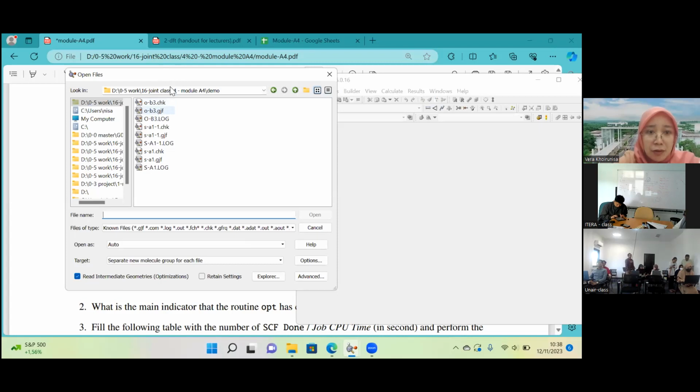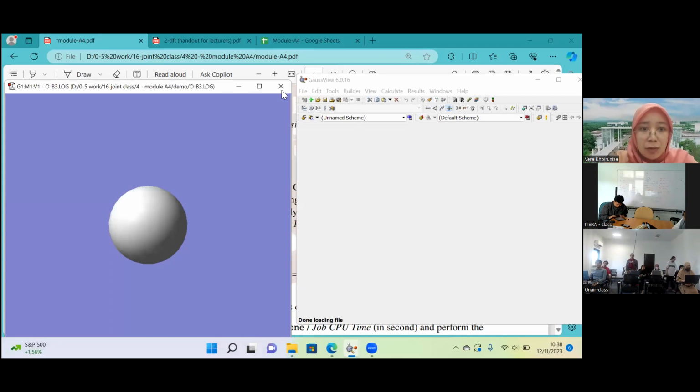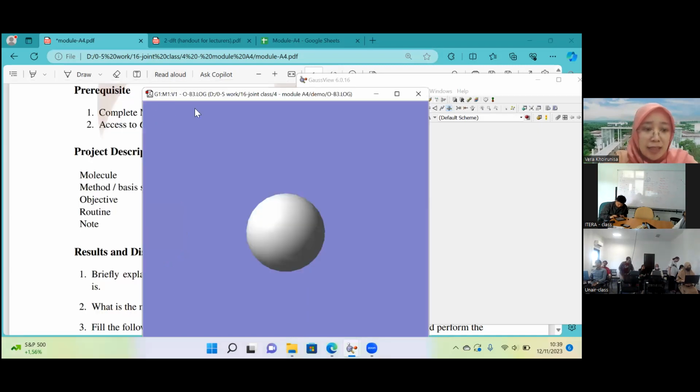So whenever you open the log file, please make sure that you check this one, Read intermediate geometries. If I uncheck this one and then click the log file, there will be no intermediate states here.